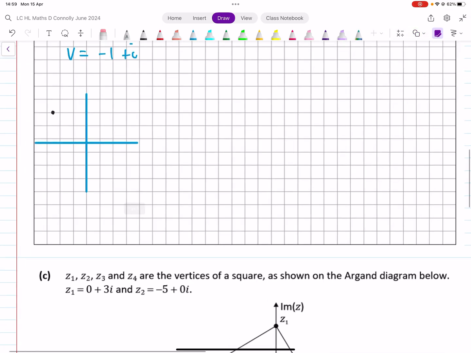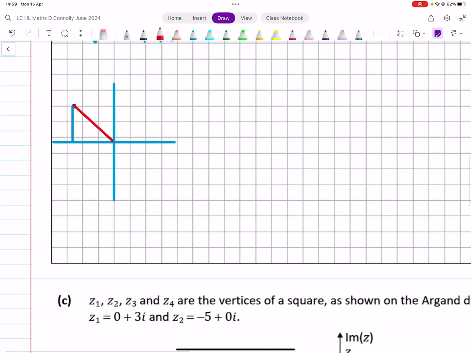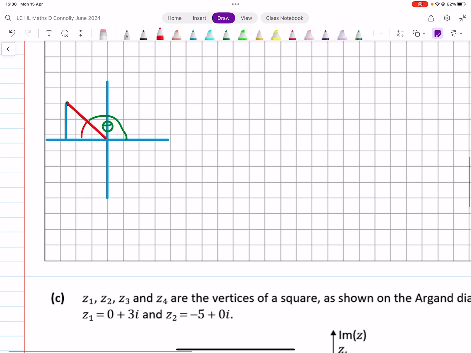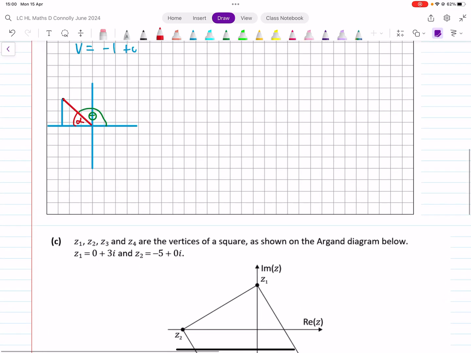We will create our little triangle. So we drop that down and go across with that. So that's theta, which means the one in our triangle can't be theta, so we're going to call it alpha. And we went one step to the left and one step up. And this is our modulus.